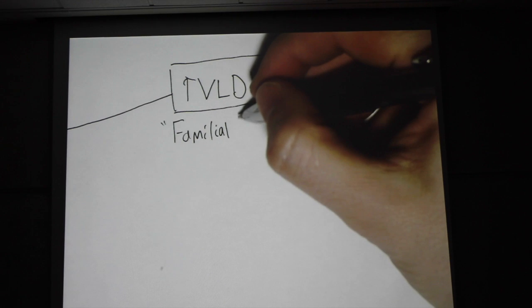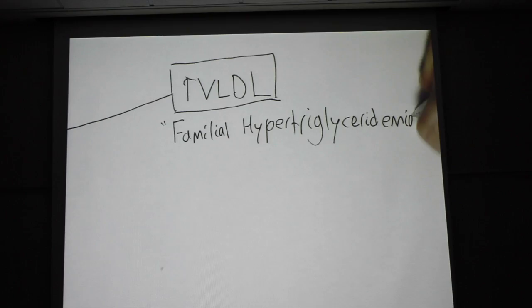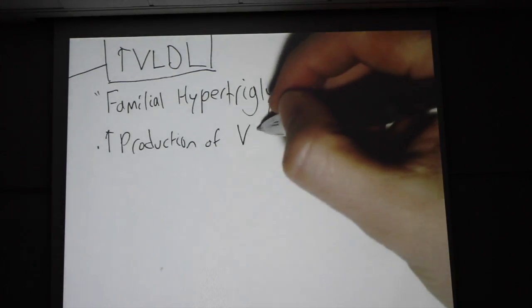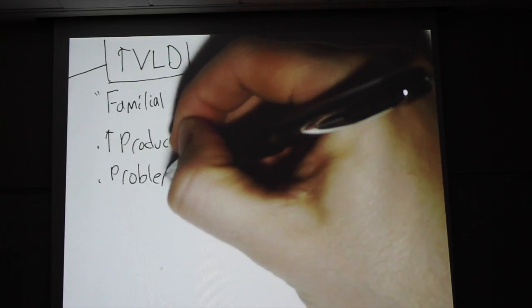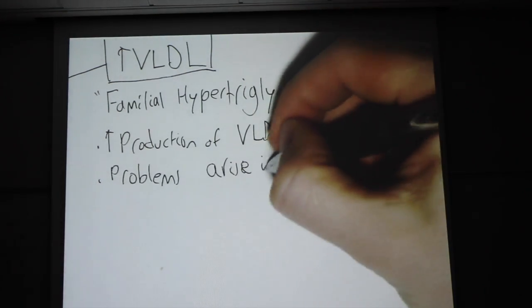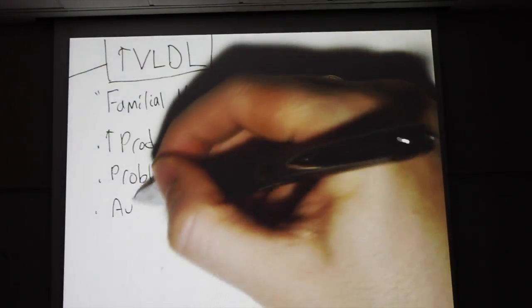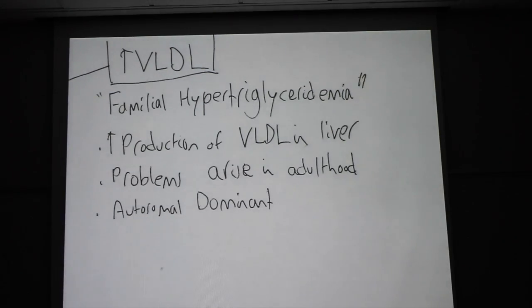Here the main disorder of increased VLDL is familial hypertriglyceridemia. And what we have here is an overproduction of VLDL particles in the liver. As you know, the liver is the site where VLDL gets made, and these patients just have too much of it. So problems don't arise in childhood like they did with chylomicron disorders. Rather, they arise when the patient reaches adulthood. It's an autosomal dominant disorder, and if we remember the chylomicron disorders, both of those were autosomal recessive.